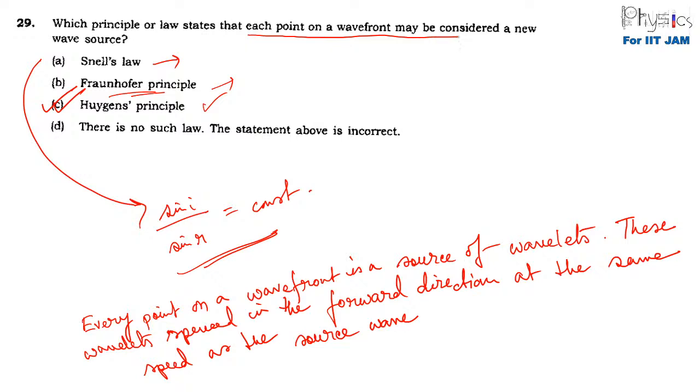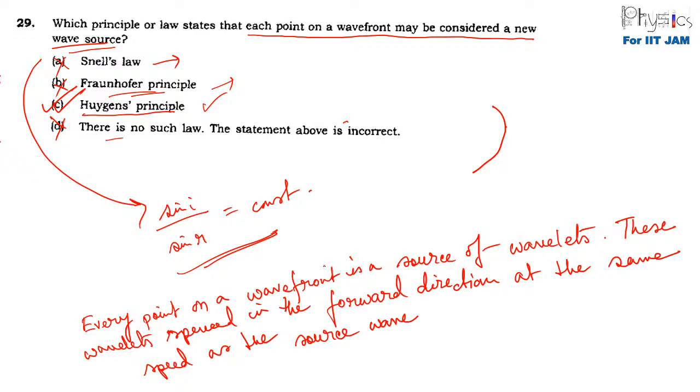Each point on a wavefront can be considered as a new wave source. So it is not correct, and these options are not correct. So our option C, Huygens principle, is the correct answer.